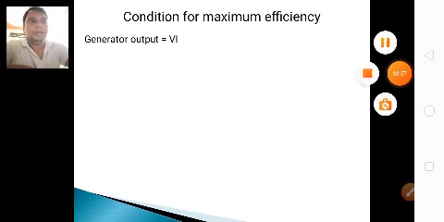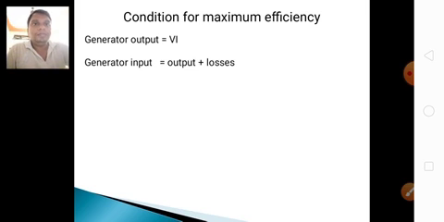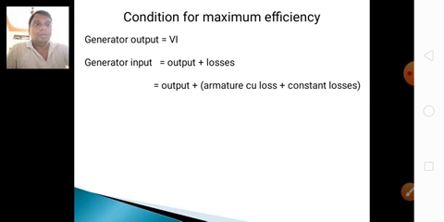These are the different types of power stages. Next, the condition for maximum efficiency. What is the condition for getting maximum efficiency? The generator output is VI, and the generator input is equal to output plus loss, that is output plus armature copper loss plus constant loss.